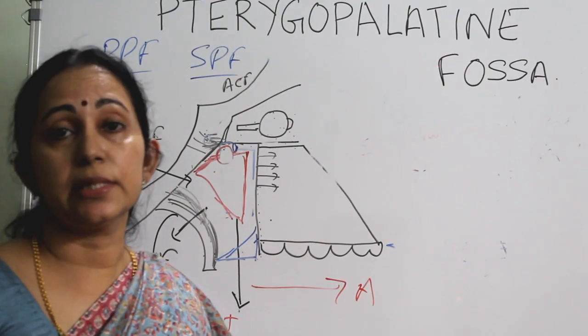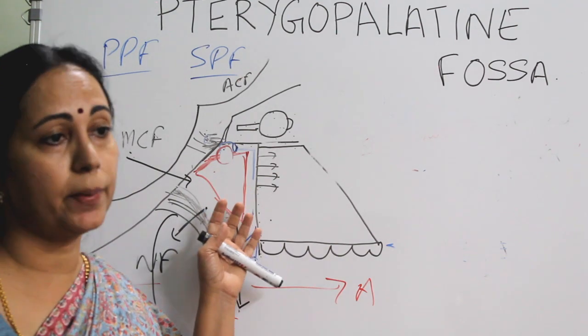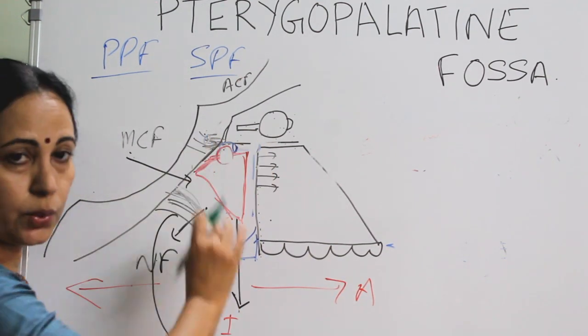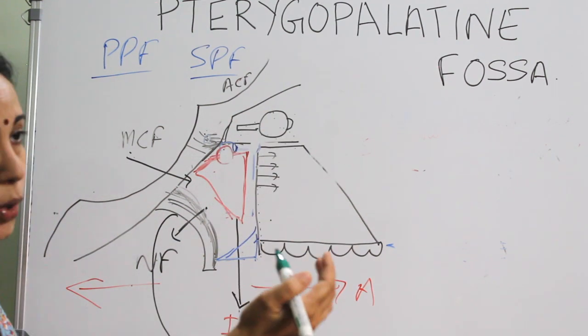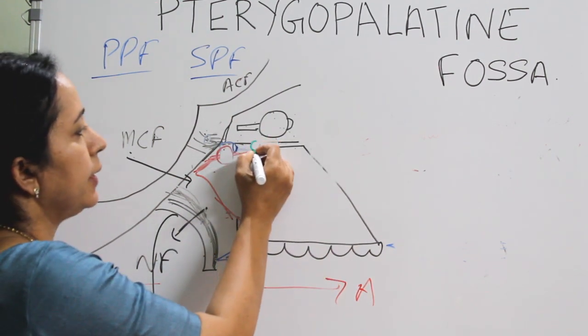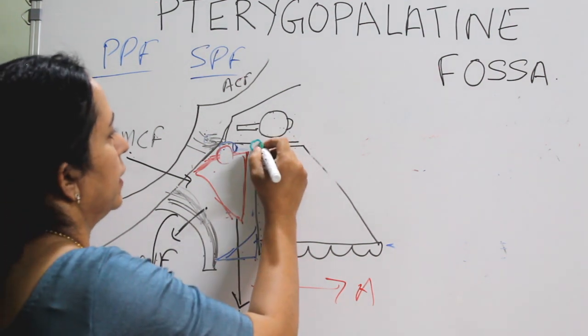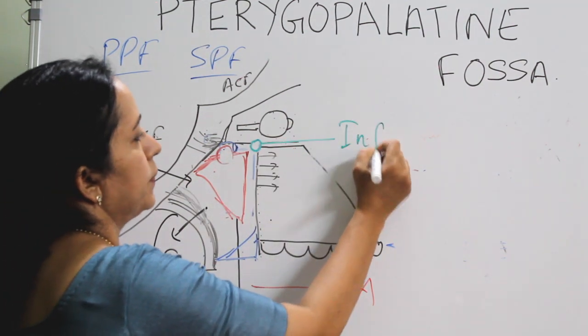And let us see the communications of this pterygopalatine fossa with other structures. The pterygopalatine fossa communicates with the orbit through the medial part of the infraorbital fissure. Here comes the infraorbital fissure.